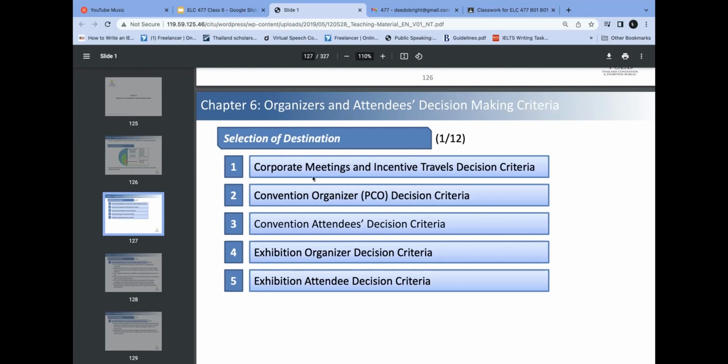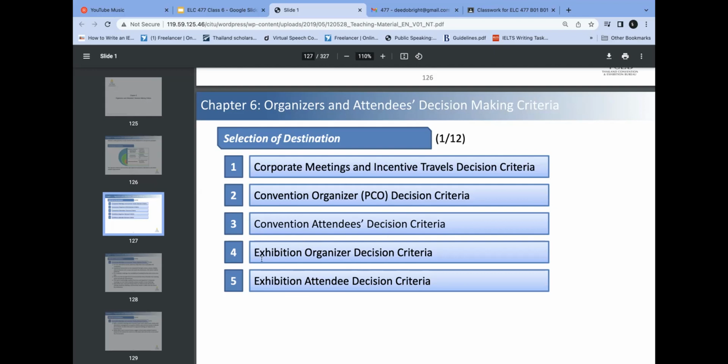Okay. So the first one is the selection of destination here: corporate meetings and incentive travel decision criteria, right? Second, we have to talk about the convention organizer, or PCO, decision criteria here. And next, convention attendees decision criteria, exhibition organizer decision criteria, and the last one is exhibition attendees.